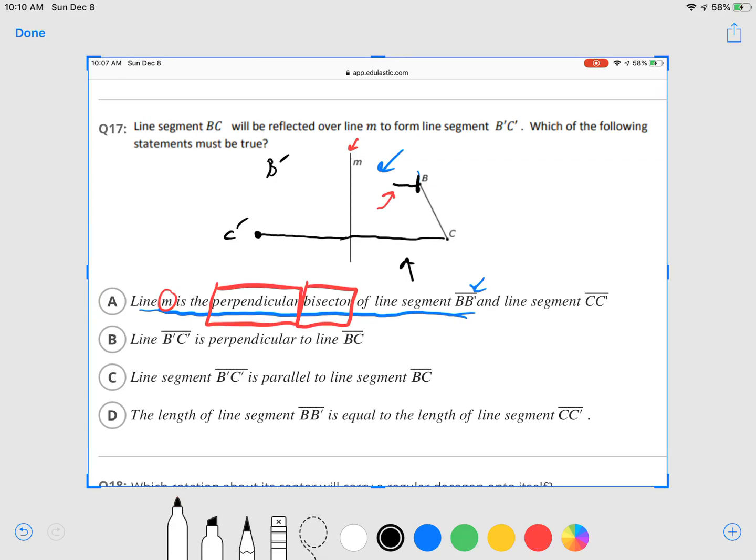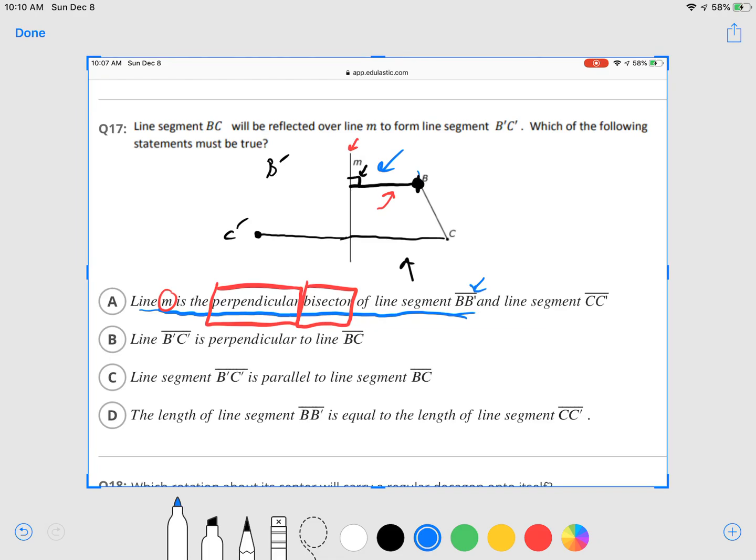I went from B straight over, and what I mean by straight is that this is 90 degrees. Like, I didn't do something weird like this. I didn't approach the line M from B at some random angle like this. You have to approach it perpendicularly. So that means that is 90 degrees. So, yes, M is the perpendicular bisector.